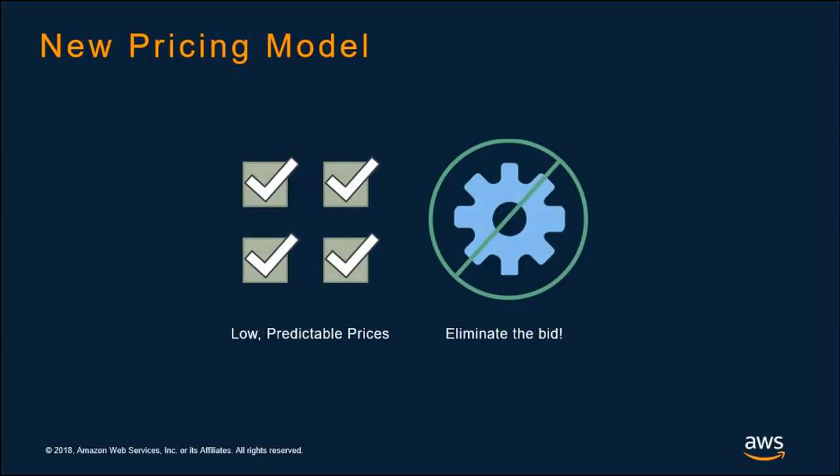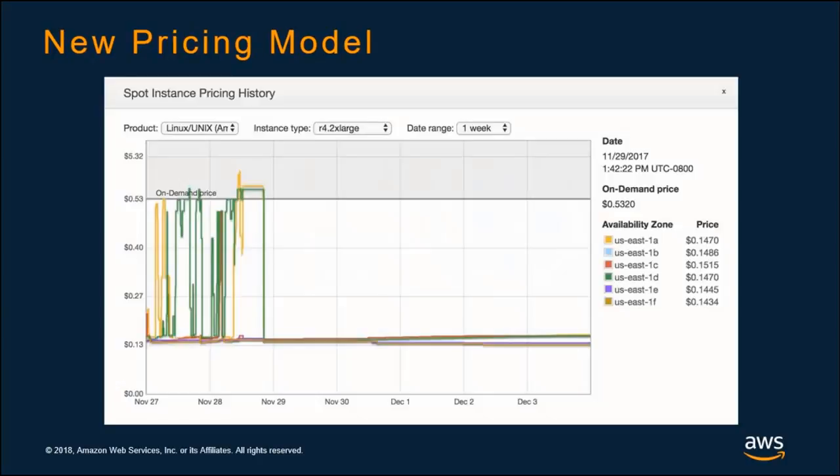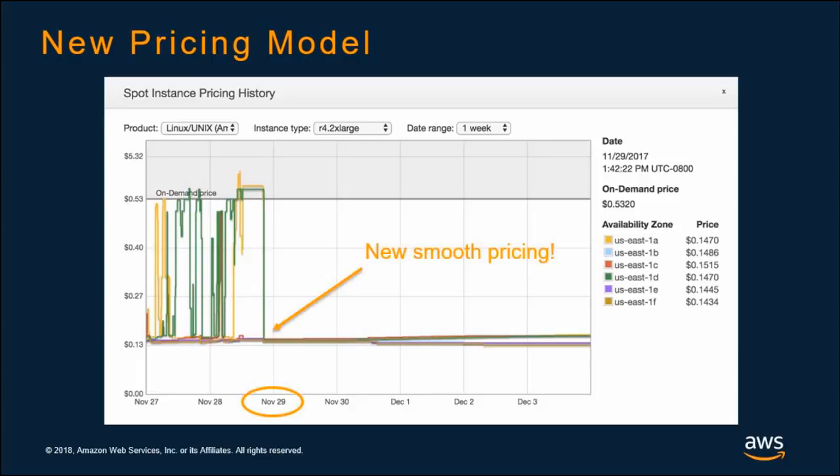And customers were consistently seeing 80 to 85% discounts on Spot instances. But it was always hard to predict, particularly when getting started with Spot instances. And that was what we aimed to solve here with a new Spot pricing model. So as you can see here, this is when we launched the new smooth pricing model. So up until November 29, the prices would fluctuate.